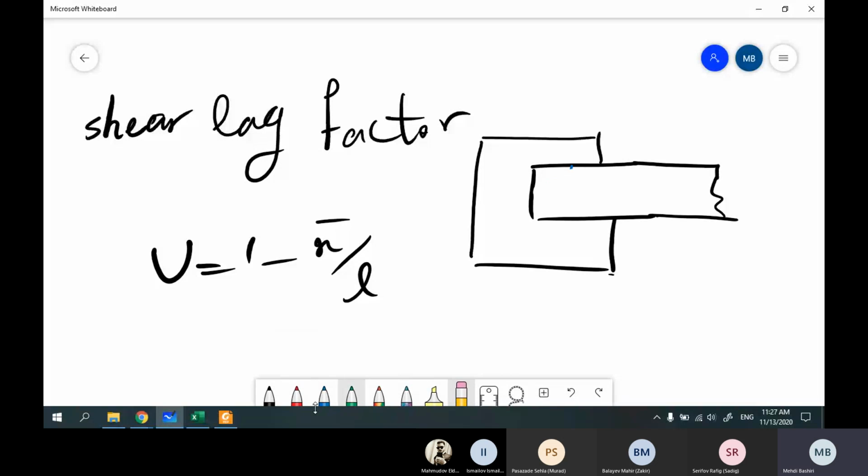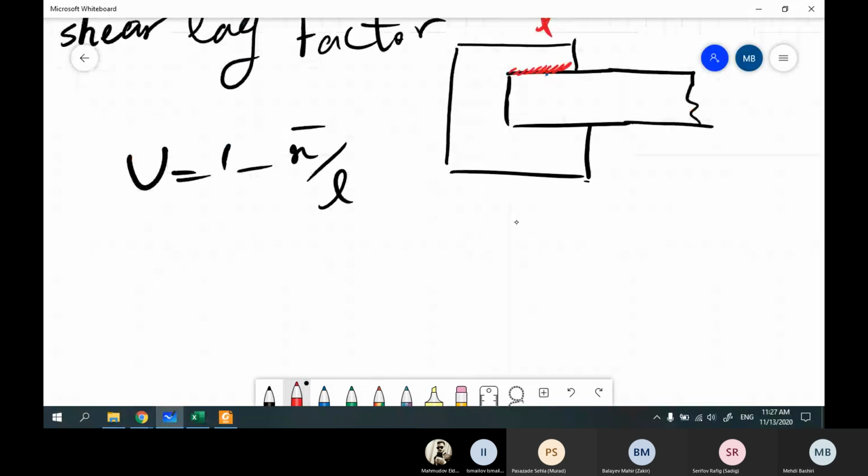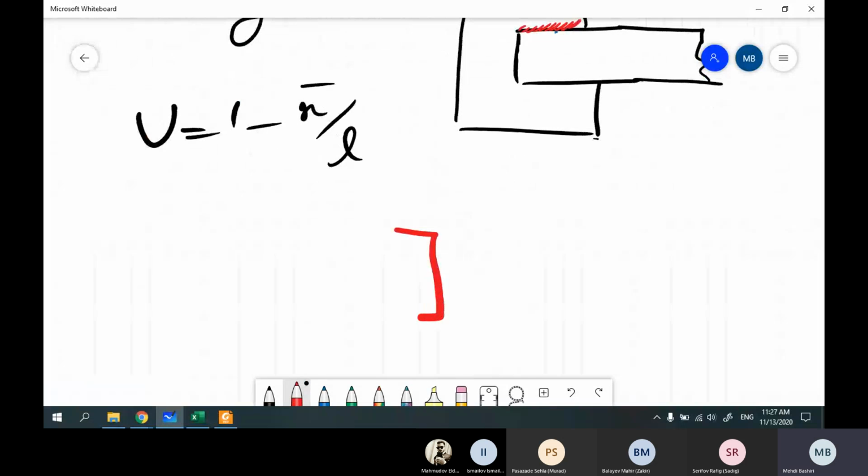L is the length of, well, for example, like this. That would be L. What was x bar? When you want to find x bar, you have to see the side view. For example, we have a channel, and this is our connected plate.